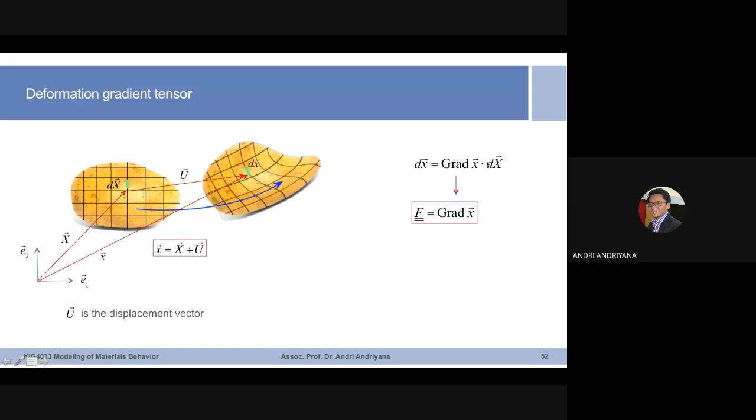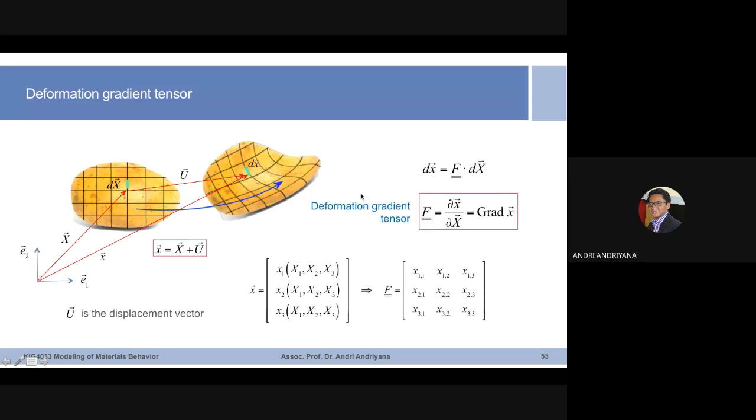And the quantity of this gradient is actually a 3 by 3 matrix, a tensor. This tensor, noted by F, is called the deformation gradient tensor. So it is a mathematical operator which transforms the initial line at the non-deformed state to the deformed state. So the deformation of the line is there in the expression of the deformation gradient tensor.